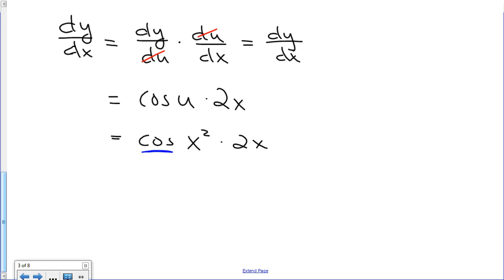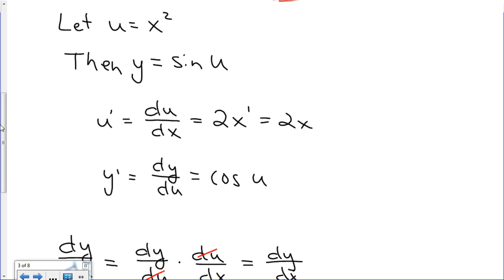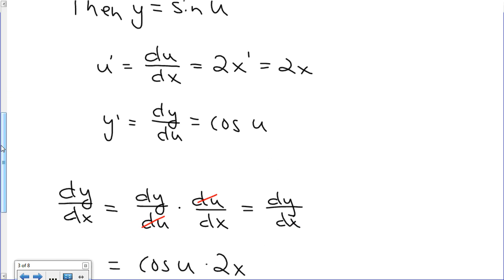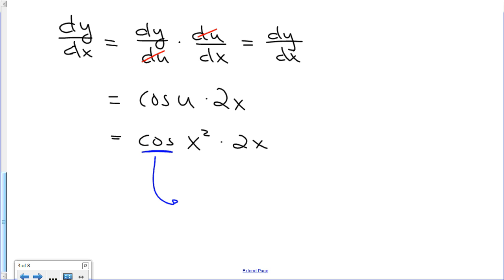If you go back, that's actually what we did: y was equal to sine of u, our outside function. So dy du was the cosine, the derivative of that. So this is the derivative of the outside function.